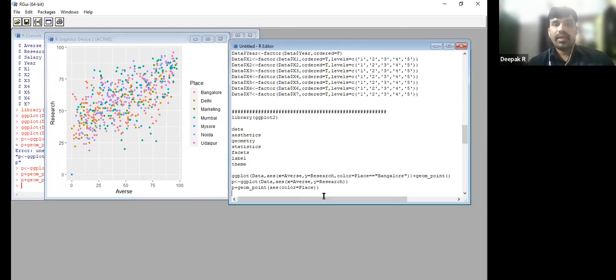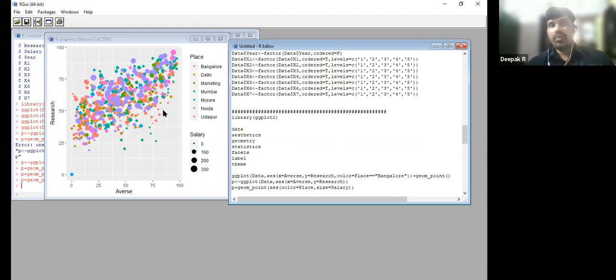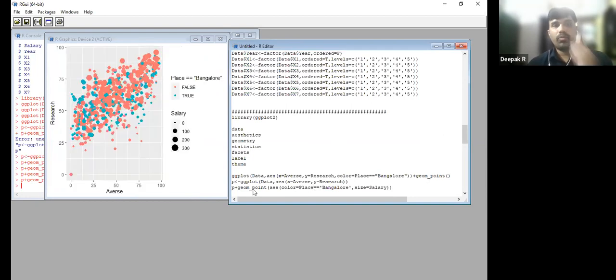If I say the size here refers to the salary of the investors, you will notice that I have not only the place, I am also able to understand the salary. Looking at Bangalore investors and their salary, you will be able to understand what kind of investors are in the majority in these places.